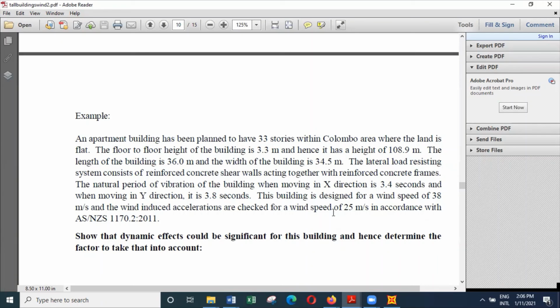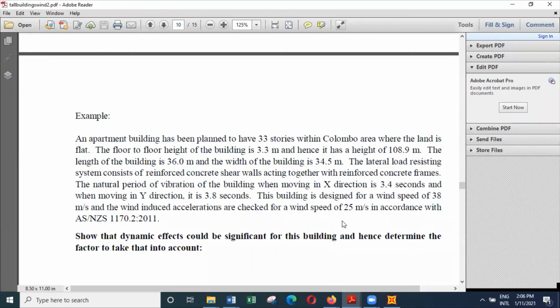Generally we use a 50-year return period when designing for the ultimate limit state, whereas for service conditions, you can do the design for a lower return period. So the building will be designed for 38 meters per second, but when the wind-induced accelerations are checked, it can be designed for a lower wind speed like 25 meters per second. Can you understand this?